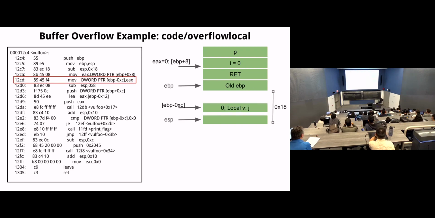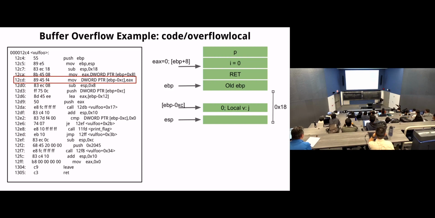Then the next instruction, we move EAX to EBP minus C. C is 12, right? So what we're doing is EBP minus something, like I said before. This is the local variables. So that address, EBP minus C, is actually the local variable, what do we call it?